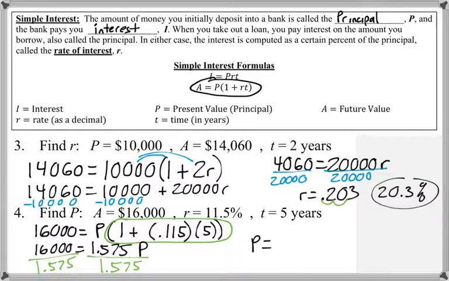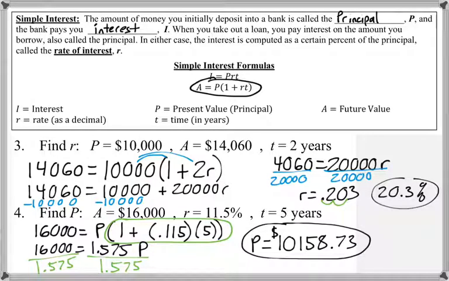So P is equal to 10,158, and then we are going to round this to 73 cents. So we always round the dollar amount to the nearest cent.